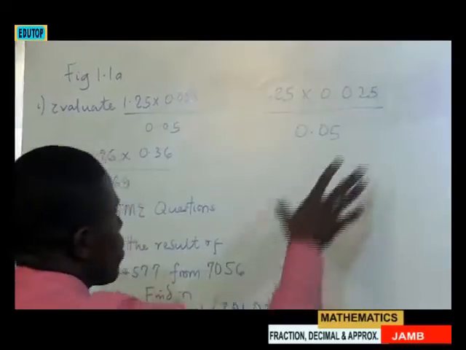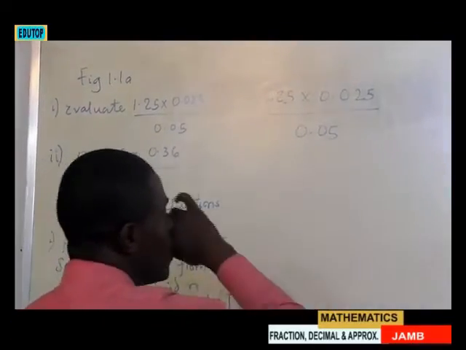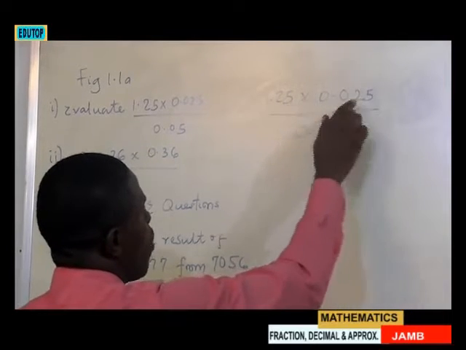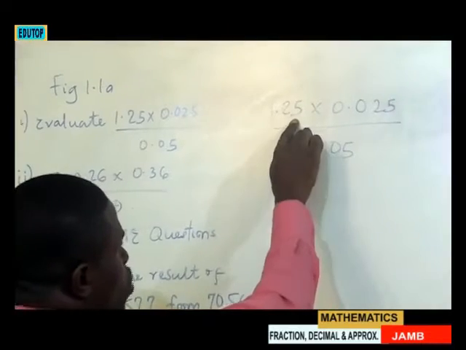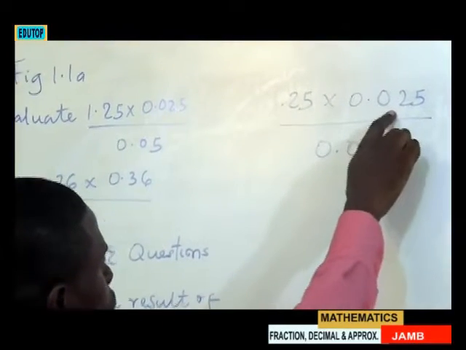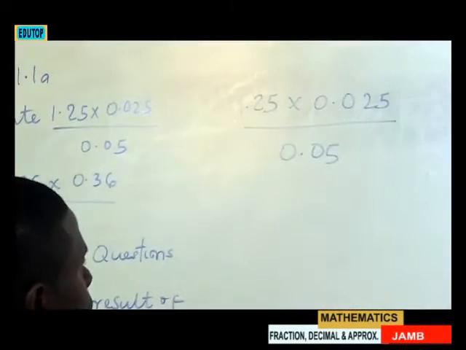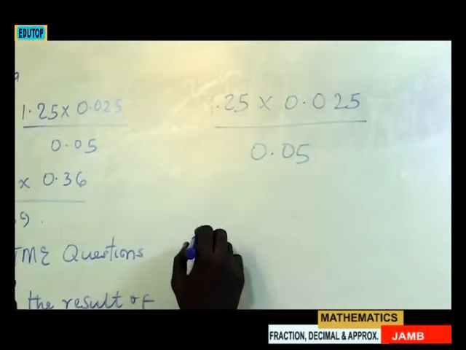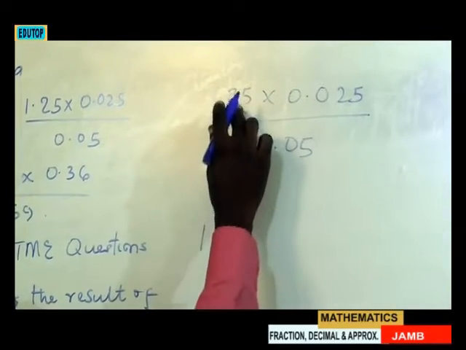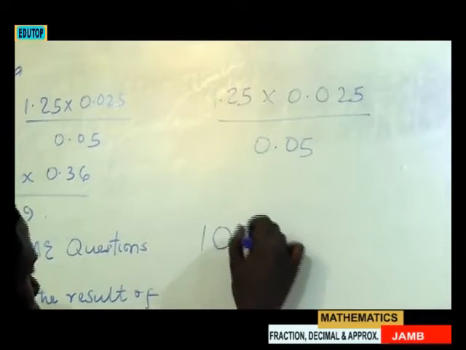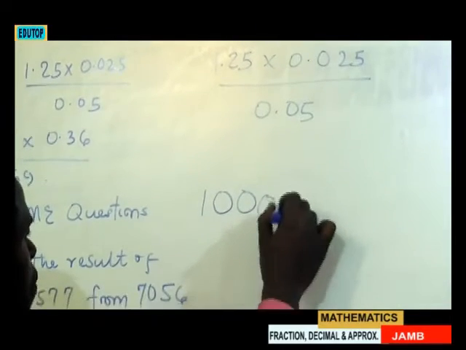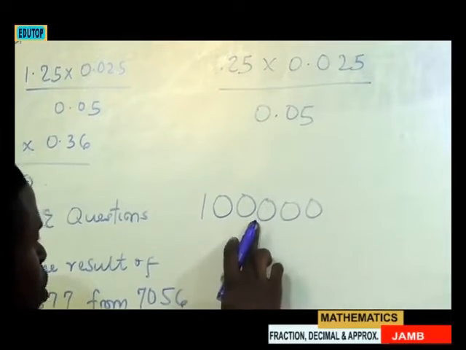To solve this question, what you need to do is to count the number of decimal places. This one is 2 decimal places, and this one is 3 decimal places. That means we have to operate based on 5, that is 2 plus 3, so 1, 2, 3, 4, 5, and this is 100,000.